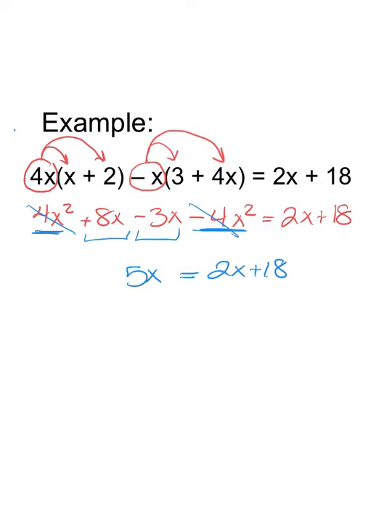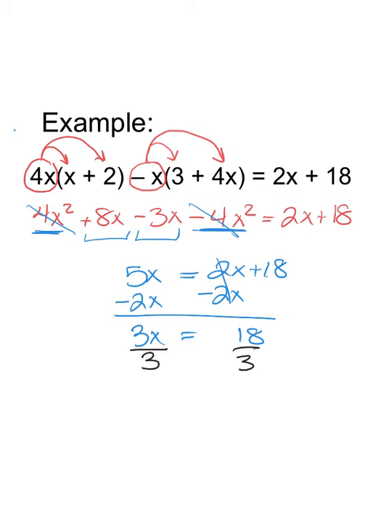Again, my goal is to get the numbers to one side and the letters to the other. So I'm going to minus 2x, minus 2x. I end up with 3x equals 18, because those cancel. Then if I go through and I divide both sides by 3, I do end up with x equals 6.